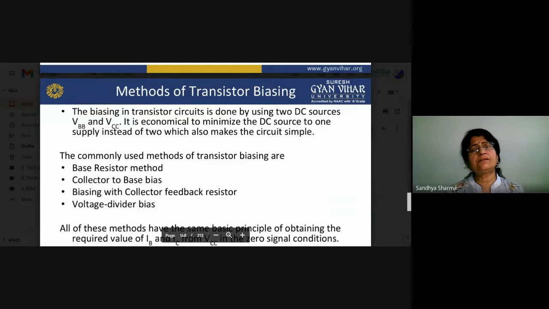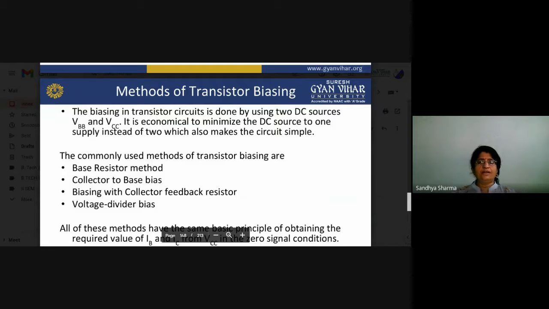Now what are the different methods we use for transistor biasing? The biasing in a transistor circuit is done by using two DC sources, VBB and VCC. It is economical to reduce the DC sources to one supply instead of two, which also makes the circuit simpler. So that is the basic purpose.